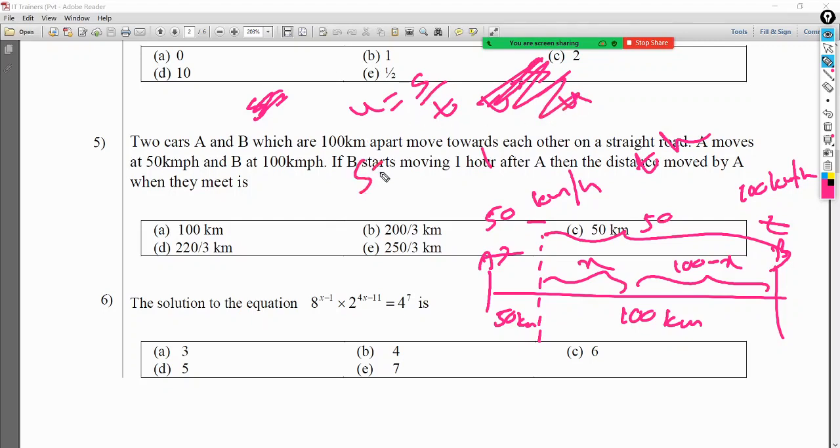Distance is ut, s equals ut. Forget about x now. Now we assume that they are going to meet after t time. So what is the distance A is going to travel? 50 into t.